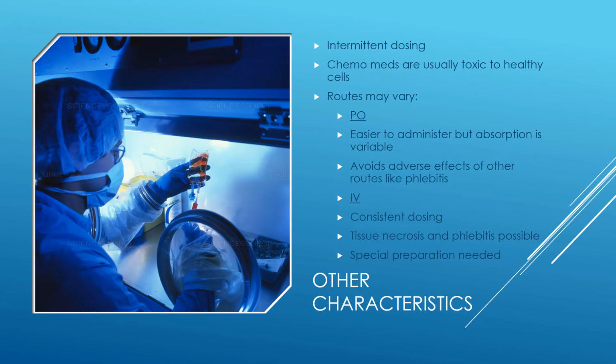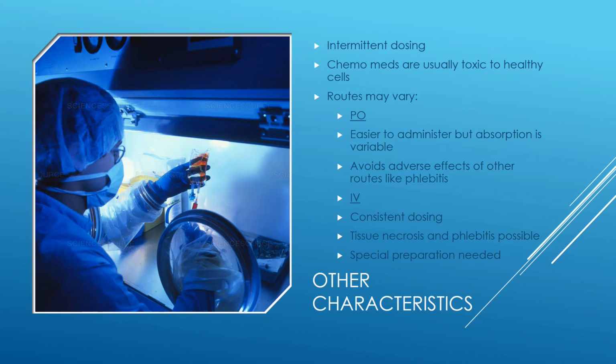The most common routes are PO or oral. Oral routes are easy to administer and convenient, although the absorption of the medication is variable. The PO route helps to avoid some of the adverse effects that accompany more invasive routes.